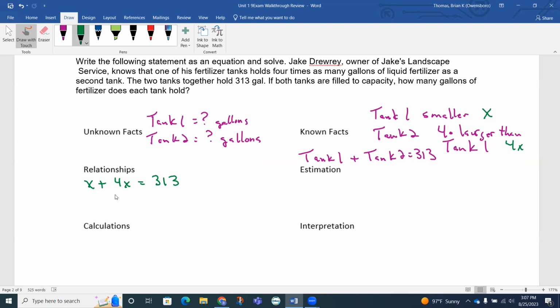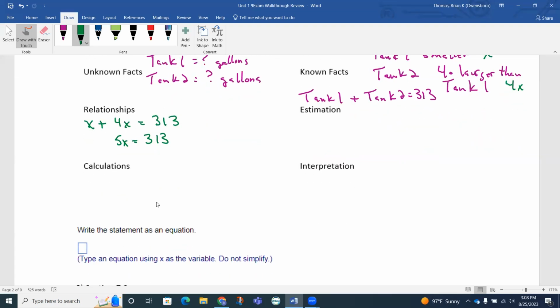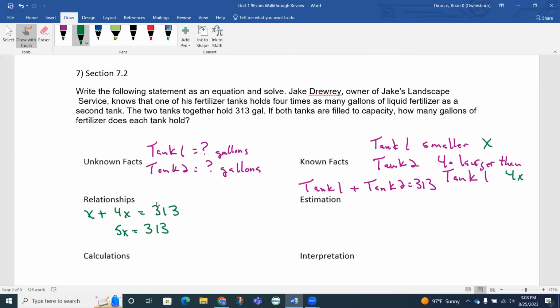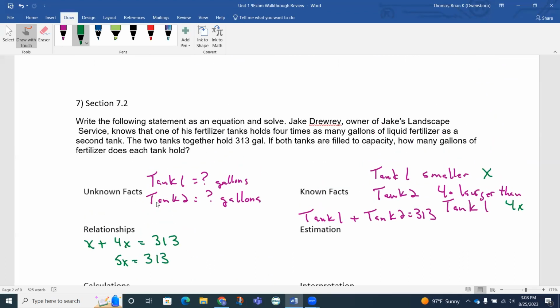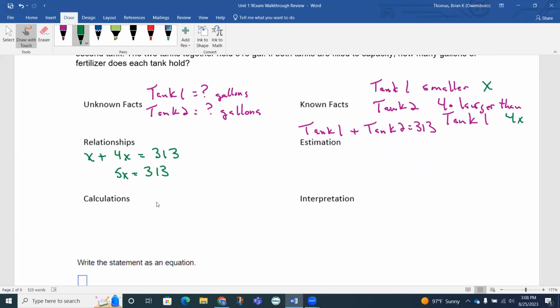If we simplify it, we can say 5x equals 313. That would be our equation as well. I guess that's all we really do is write an equation here, and then we would solve it.